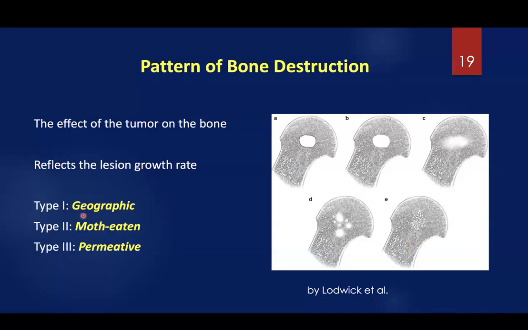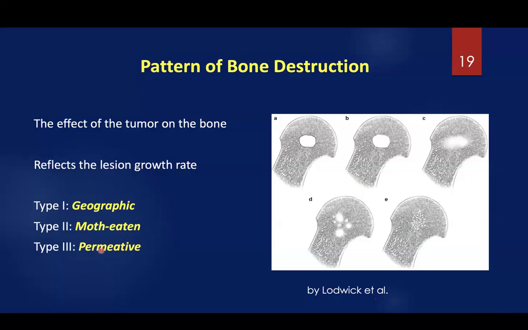I'll give you a simple example. If you tell me geographic lesion, then you will probably go for a description of a benign lesion. While in moth-eaten and permeative, you will definitely go for a description of a malignant lesion, because there is no moth-eaten or permeative lesion that is benign. All of them are malignancies.